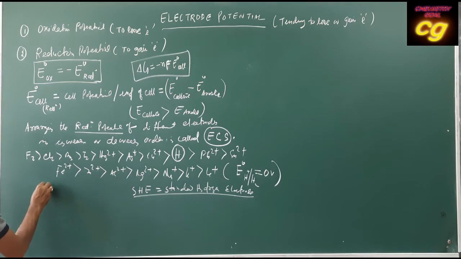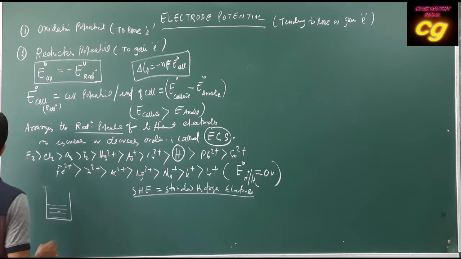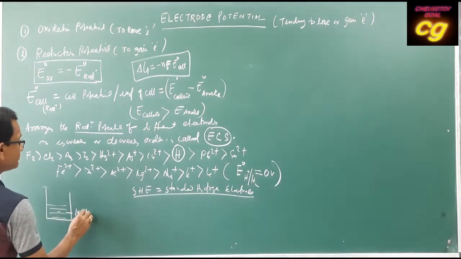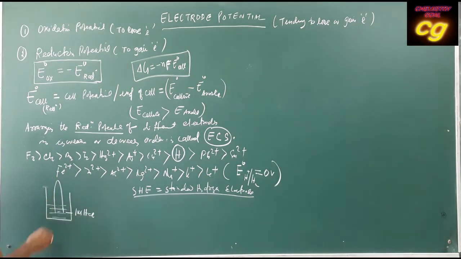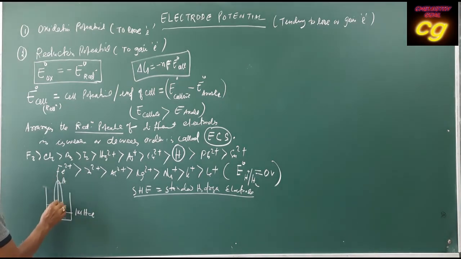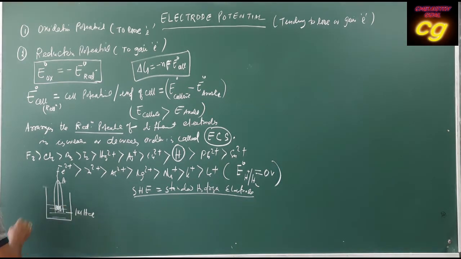This is one vessel made like this, containing a solution of 1 M HCl. Then one tube is inverted and connected to a platinum wire, and at the end it is fixed to a platinum foil coated with platinum black.